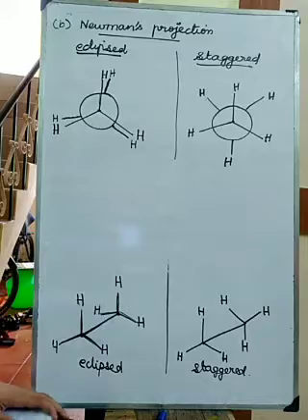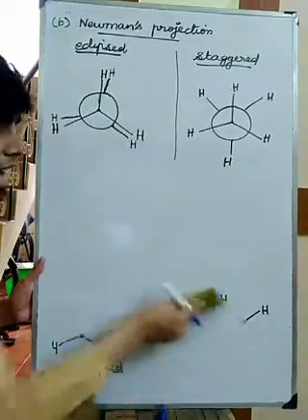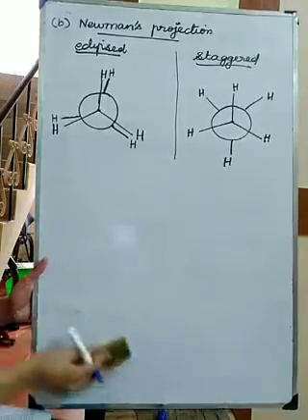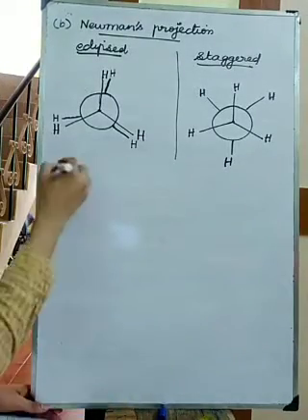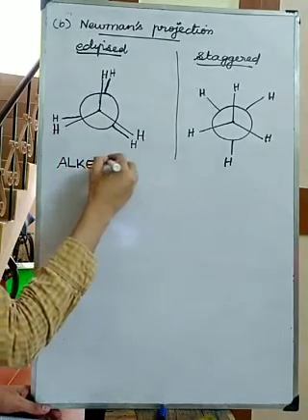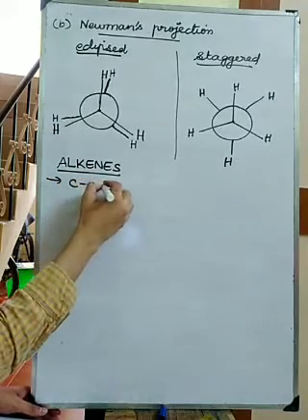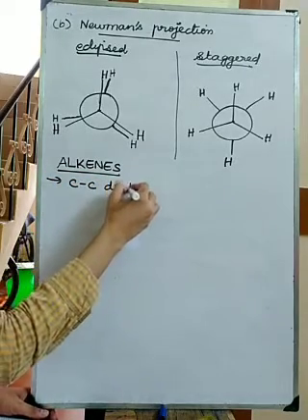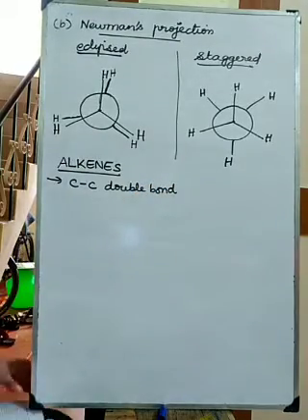Clear? Yes. So with this we have successfully completed alkanes. Next we are going to study about alkenes. Alkene means they have a carbon-carbon double bond.